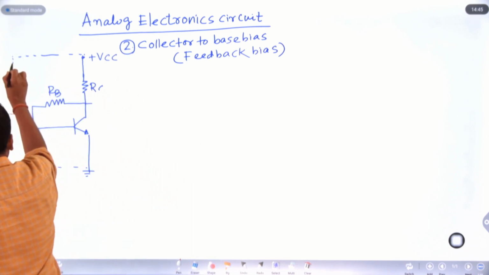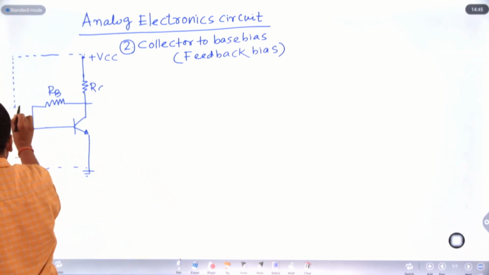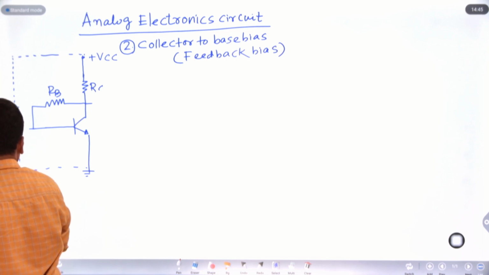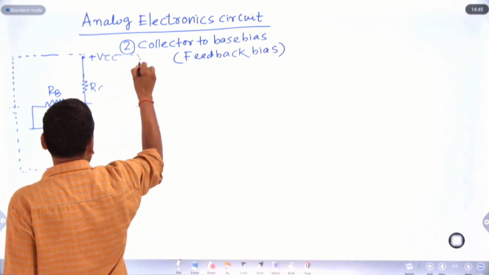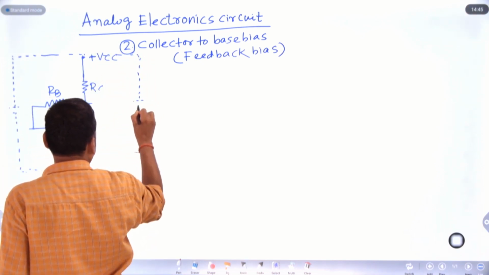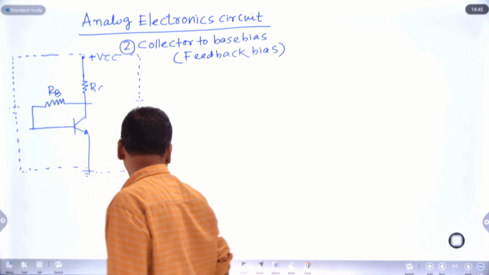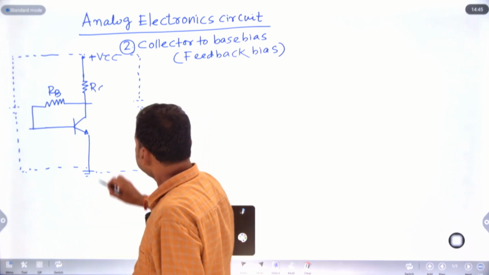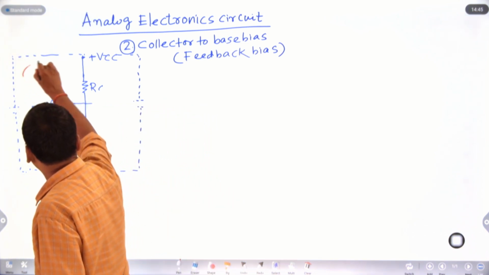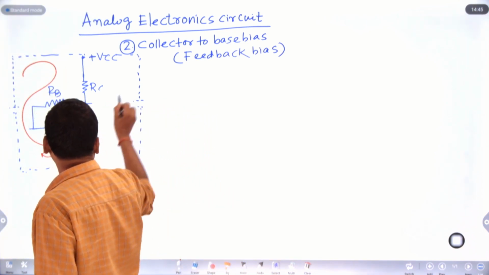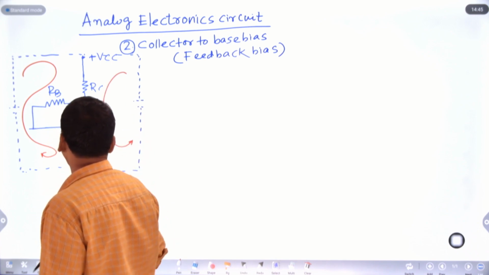The same VCC is applied to both the input and the output loop. And here the current flows like this, and the current also flows like this.